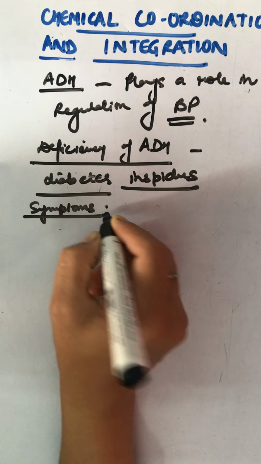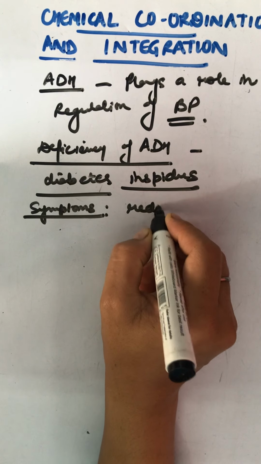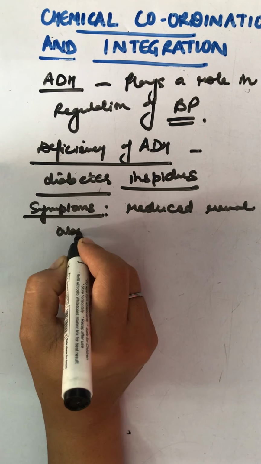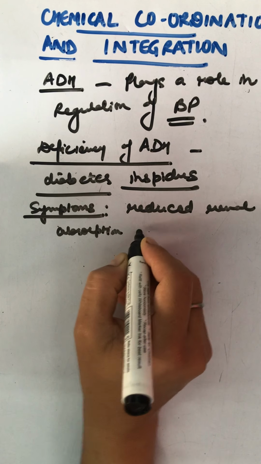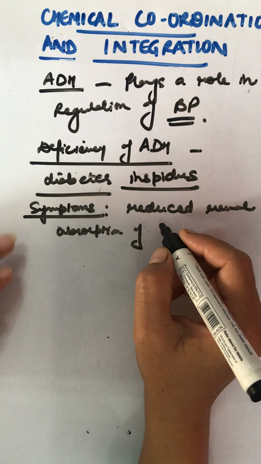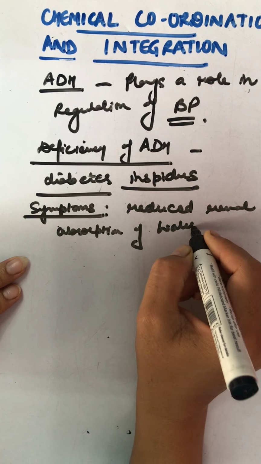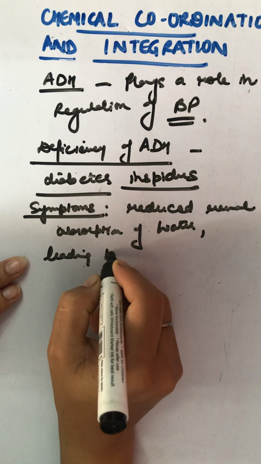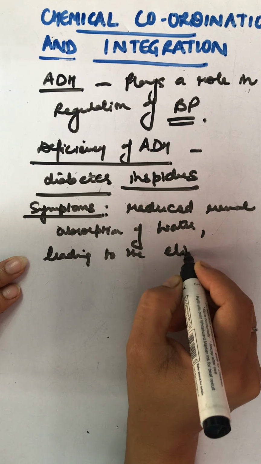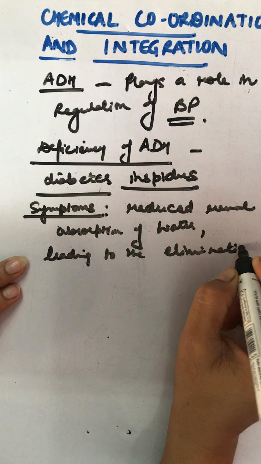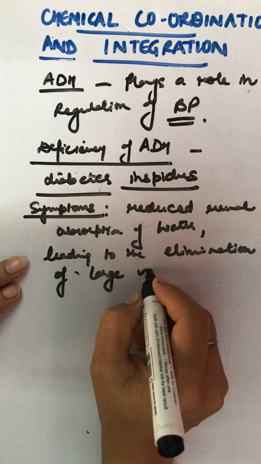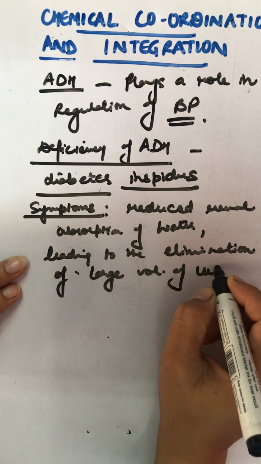Symptoms include reduced renal absorption of water, leading to the elimination of large volume of urine.